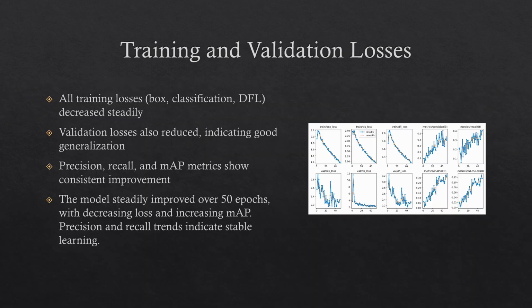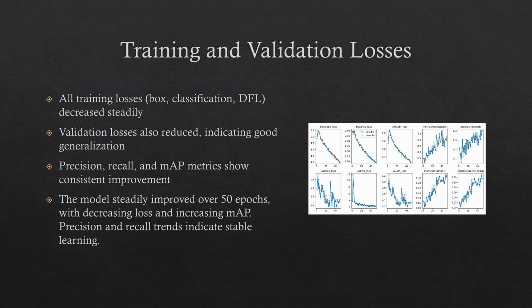Let me move on to the training and validation. Here you can see our model's learning progress during training: the three types of losses, the box loss, classification loss, and DFL loss. We can see from the image that I attached that they all went down steadily, which is a sign that the model is learning correctly.